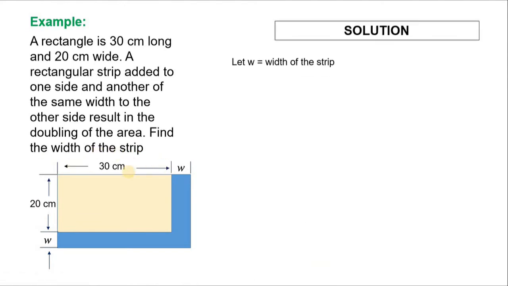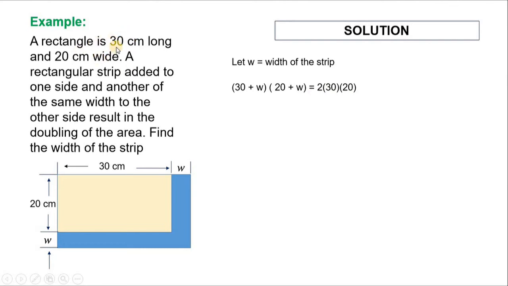Our solution. Let W be the width of the strip, this one, the blue side. So 30 plus W, the width of the strip on the side, times 20 plus the W, the width of the strip on another side, because as I said earlier, the formula to find the area is length times width. So we have double the area.